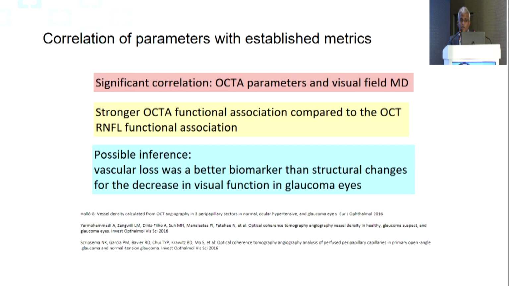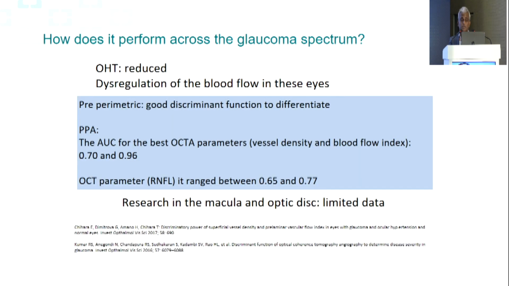If you look at correlation of parameters with established metrics, significant correlation has been found with visual field mean deviation. Strong OCTA function association has been compared to OCT RNFL function association, and possibly vascular loss might be a better biomarker than structural changes for the decrease in visual function in eyes with glaucoma.